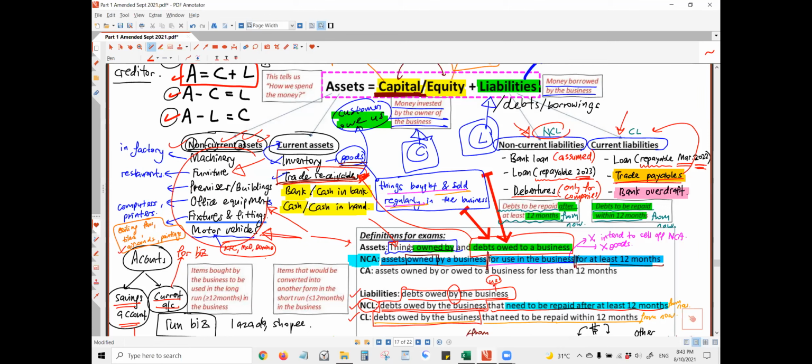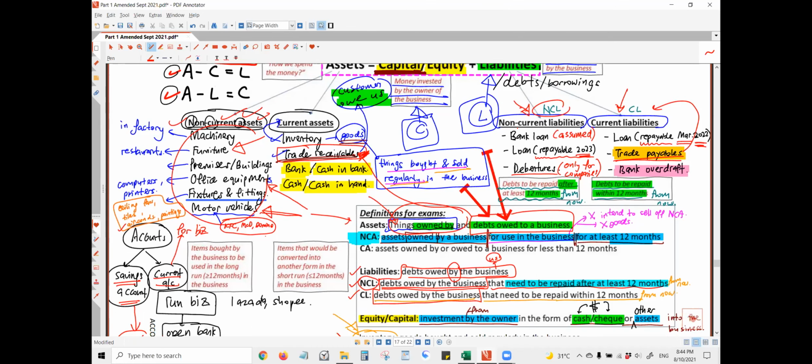Because the first part of the definition is not comprehensive enough. It has not covered all the assets. That's why you need the second part, debts owed to the business, to cover the trade receivables item. Get the idea? That's how they came up with the definition. So debts owed to the business refers to trade receivables.